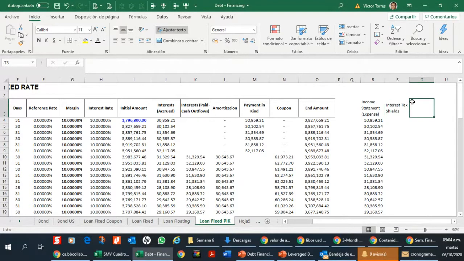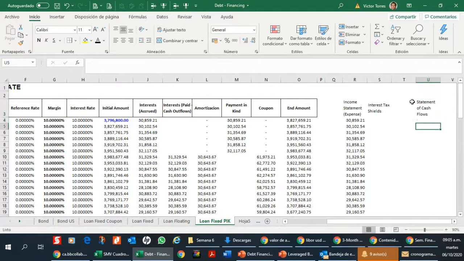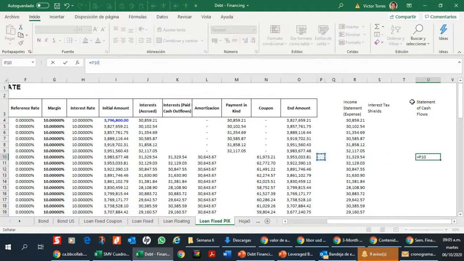But what will not occur is that it will not be in the statement of cash flows, right? It will not be appearing in the statement of cash flows up until this point. This is where it's going to have occurred.